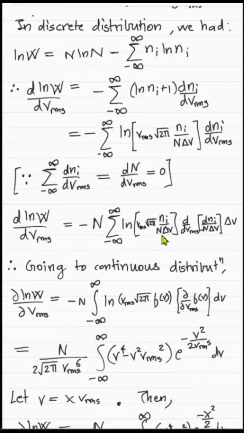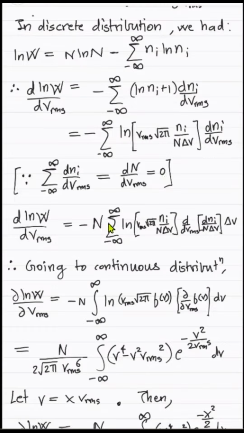So that's our f. So you could directly input what ni is using our f times capital N, the f times delta v stuff, right? So you can use that as an approximation, or you could just convert it to an integral first and then use the thing that you got for the continuous distribution. Anyway, so we'll be going for the second part, it seems.